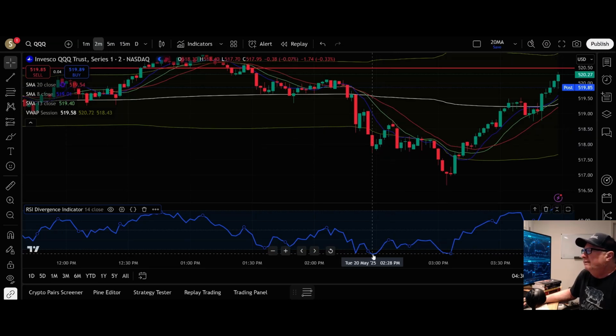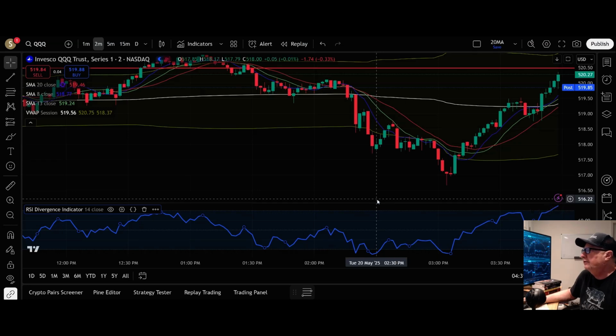Again, not perfect for an RSI positive divergence, right? RSI here and here was about the same, and it was actually a teeny tiny bit lower. So it wasn't a positive divergence, but close enough for me on that trade.